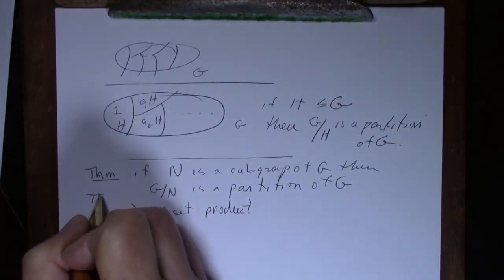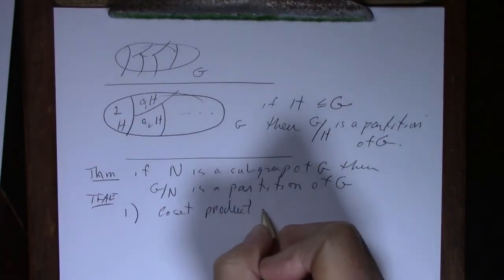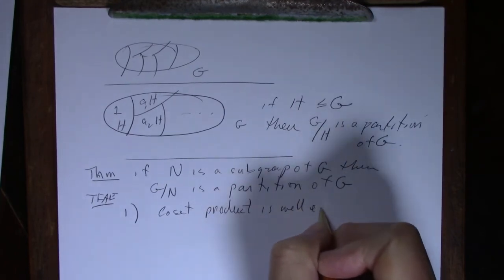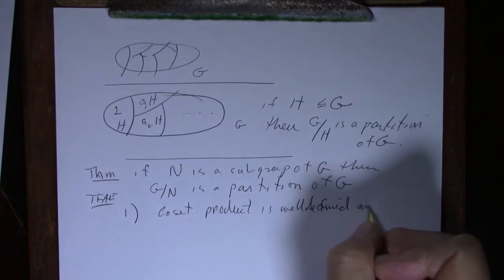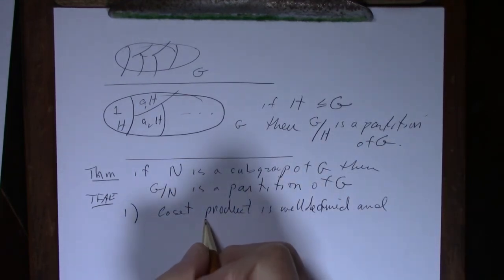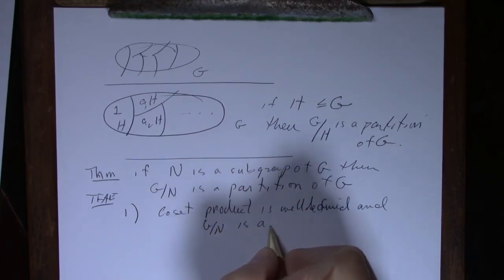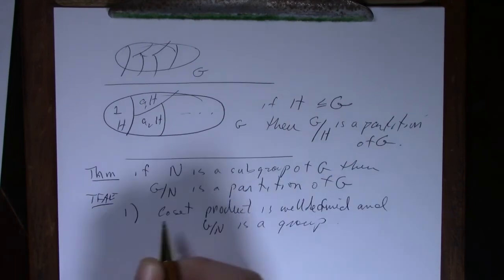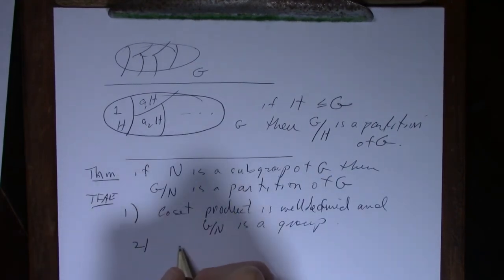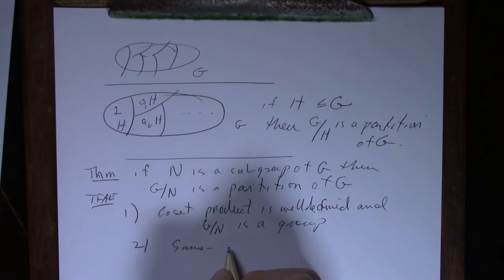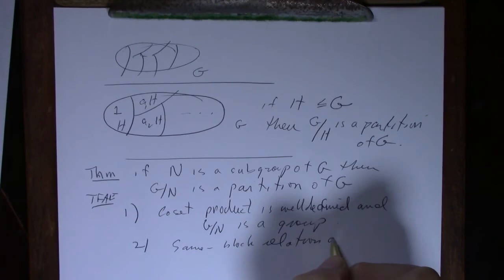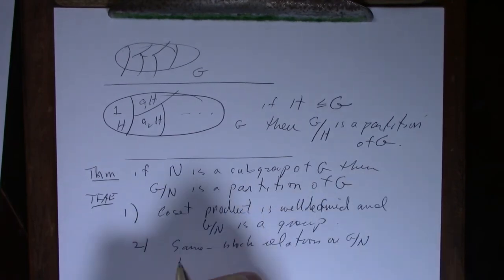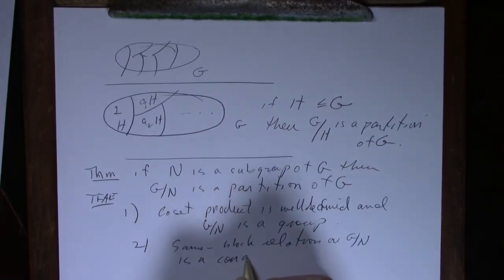The following are equivalent. 1, the coset product is well defined, and so G mod N is a group under that product. 2, the same block relation on G mod N is a congruence relation.